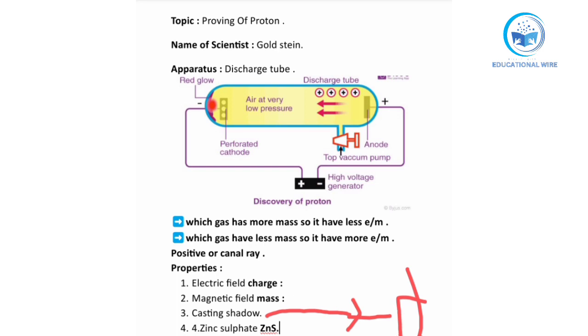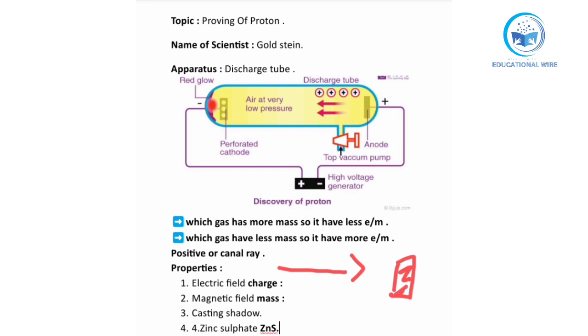Okay, now move further to zinc sulfate. In zinc sulfate, here we have a line and here we have zinc sulfate.